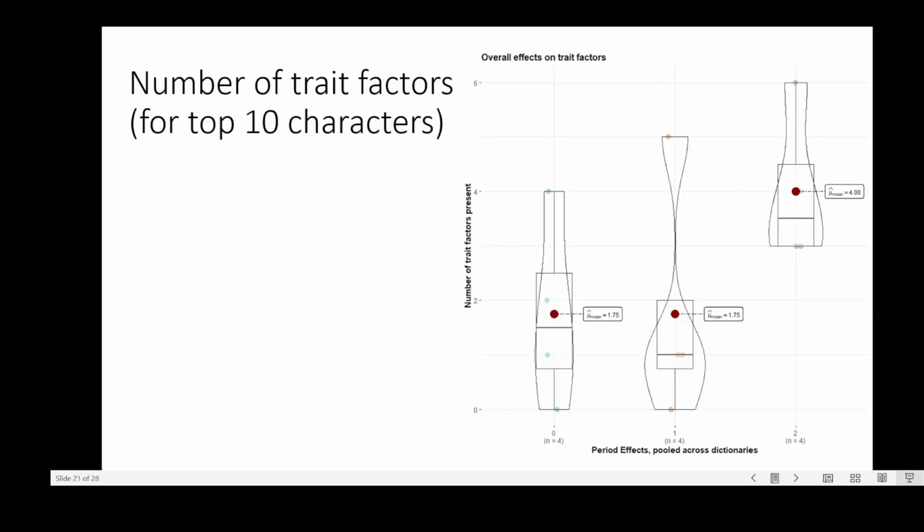At the same time, the number of trait factors that can be identified, here, for example, we focused on the 10 most common characters across all the different versions. And what we can see is over time, we have an increasing number of trait factors that are apparent. So if you think about it in terms of, for example, the big five, over time, more of the big five seem to be emerging and being used for the description of the characters.